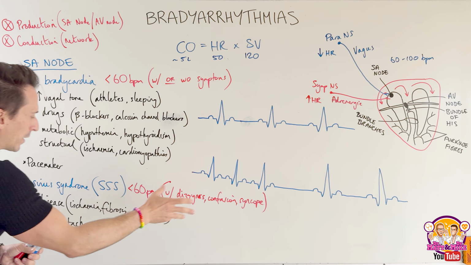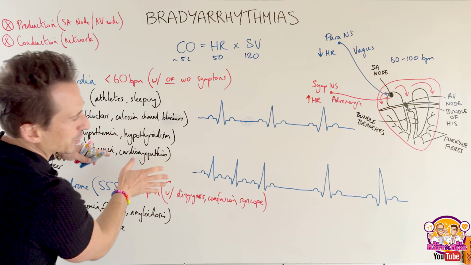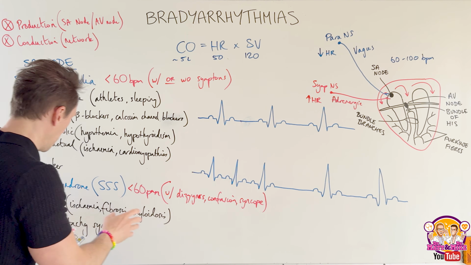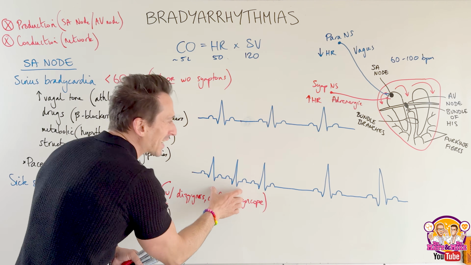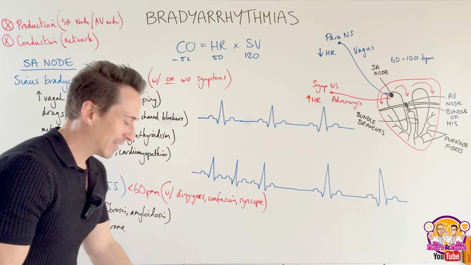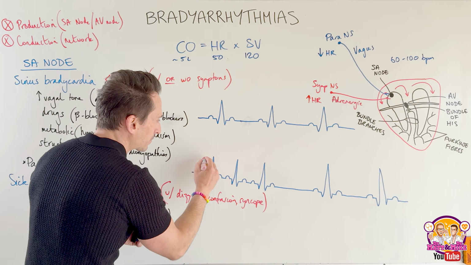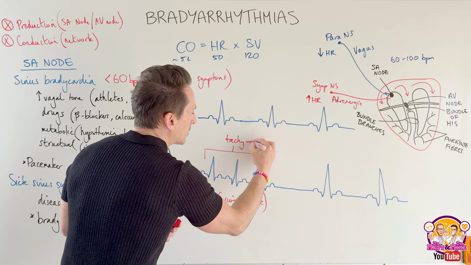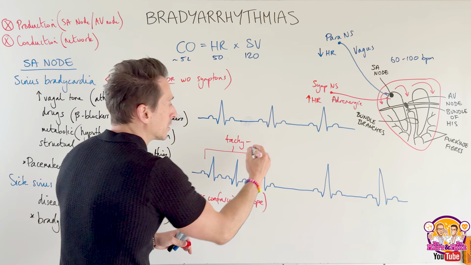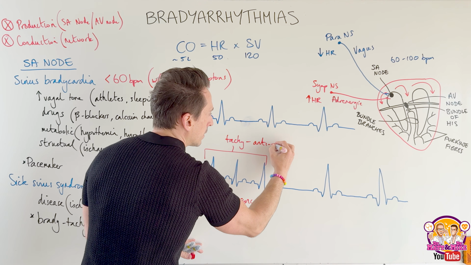So how do we treat this sick sinus syndrome? I'm sorry that it's sloping down the whiteboard. How do we treat this sick sinus syndrome? Well, you need to treat the tachy and you need to treat the brady. So treating the tachy is likely done with drugs, right? So antiarrhythmics.